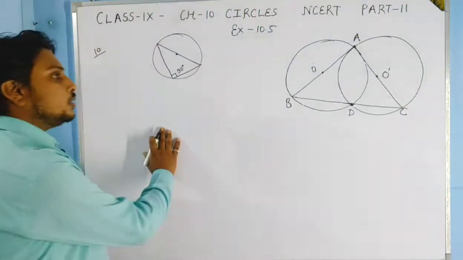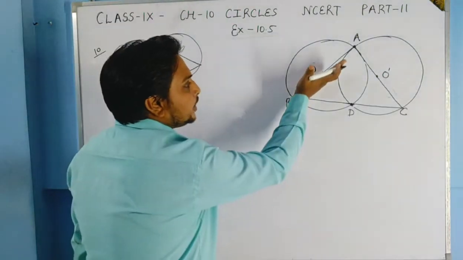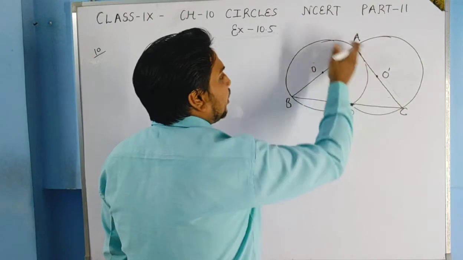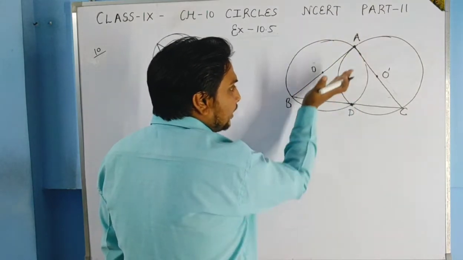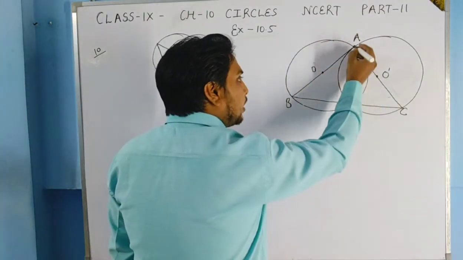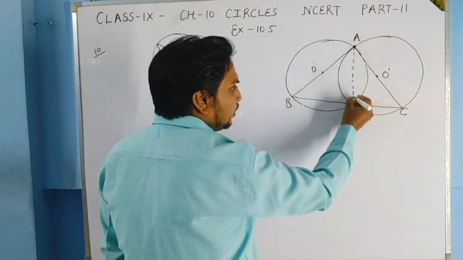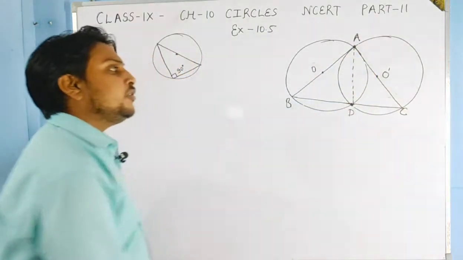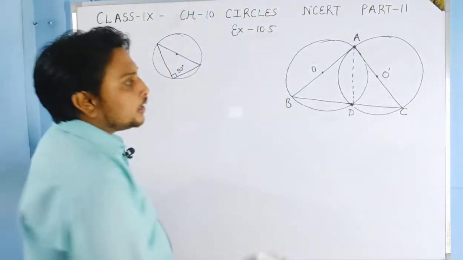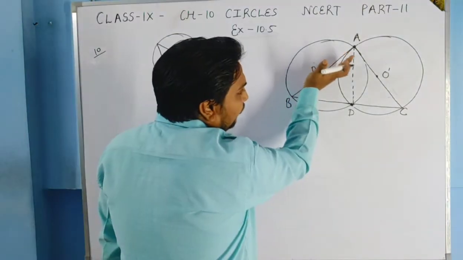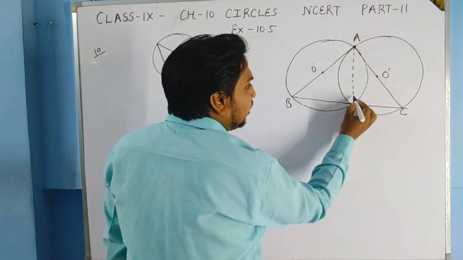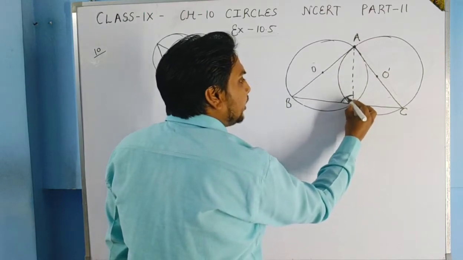So here also, if AB is the diameter of this circle, it means that if we draw one line like this, then AB will form an angle at this point.